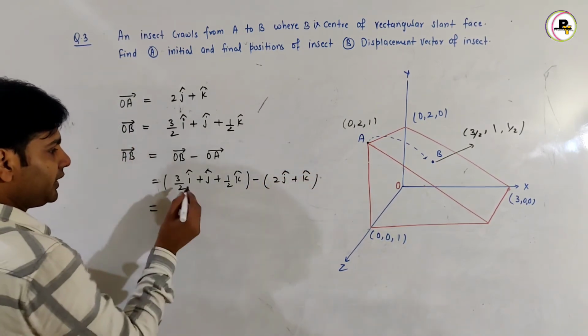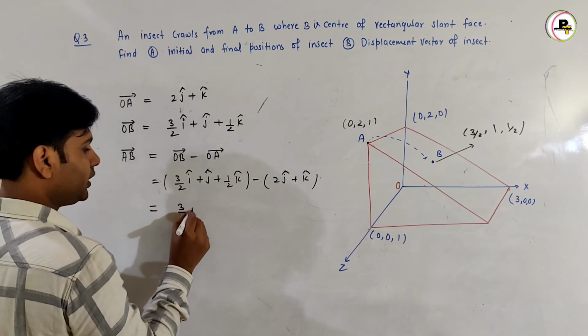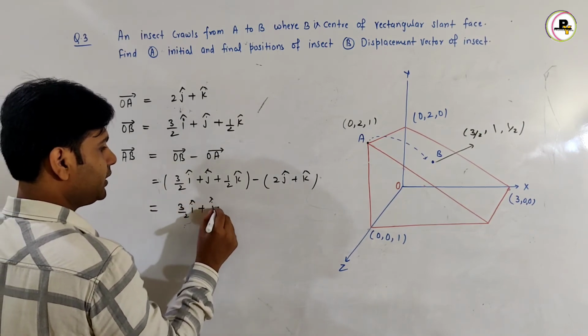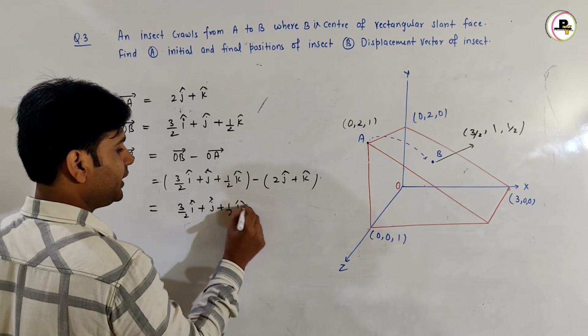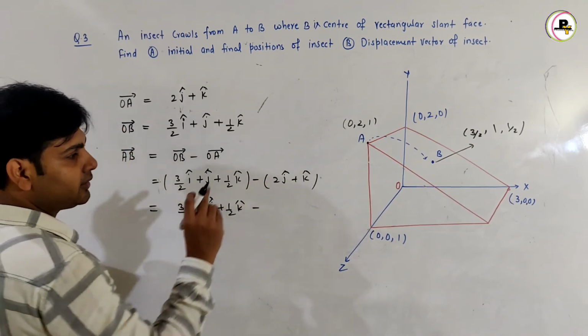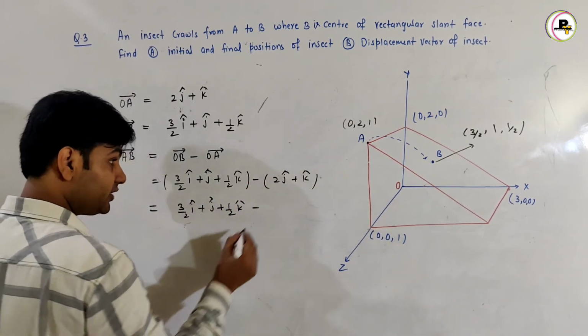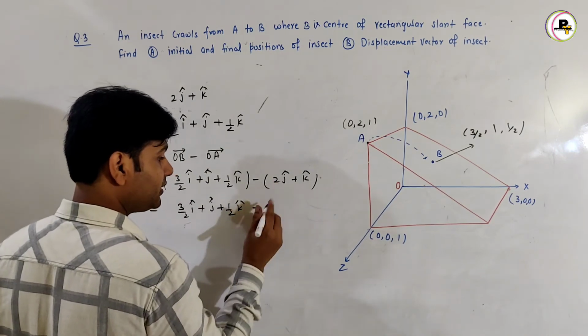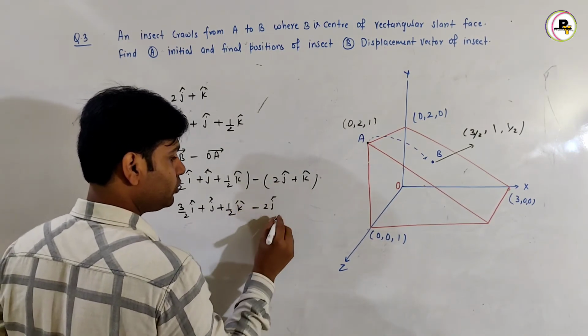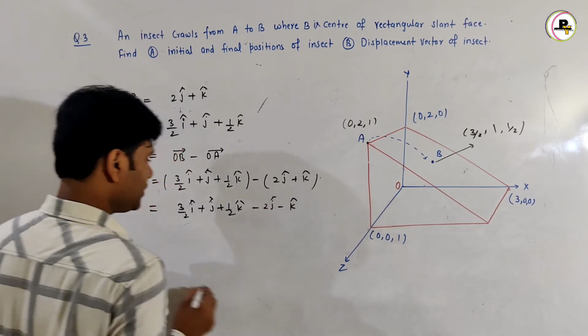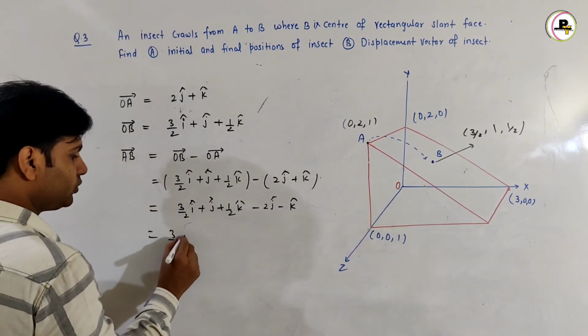So if I open the bracket, it will become 3 by 2 i cap plus j cap plus half k cap, and if I open the bracket, the sign of all the terms inside the bracket will get changed; if it is plus, it will become minus, and this will also become minus k cap. So I can write here 3 by 2 i cap.